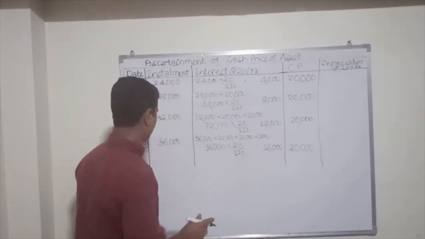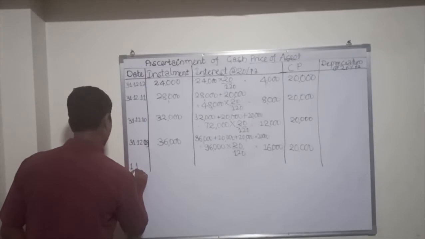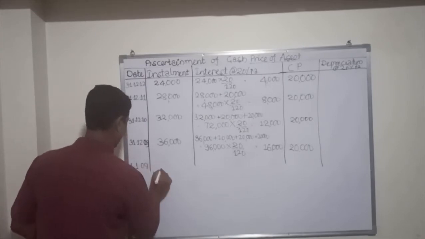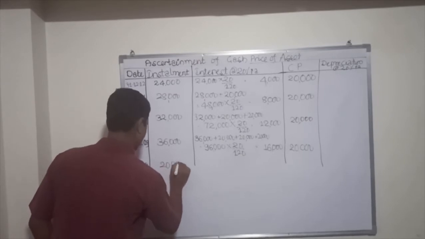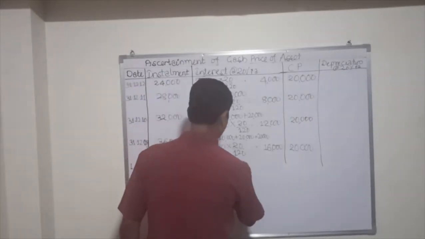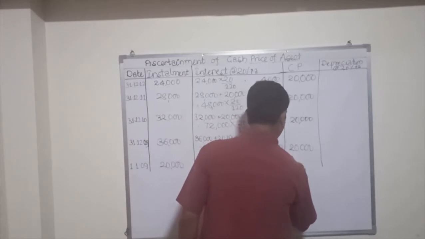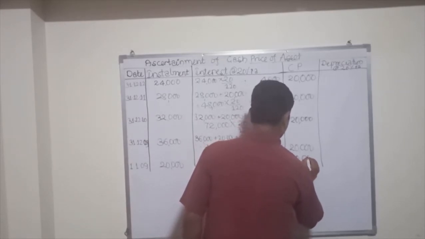The down payment is paid also on 1/1/2009. So the down payment here is 20,000. No interest is payable. So here it is 20,000.